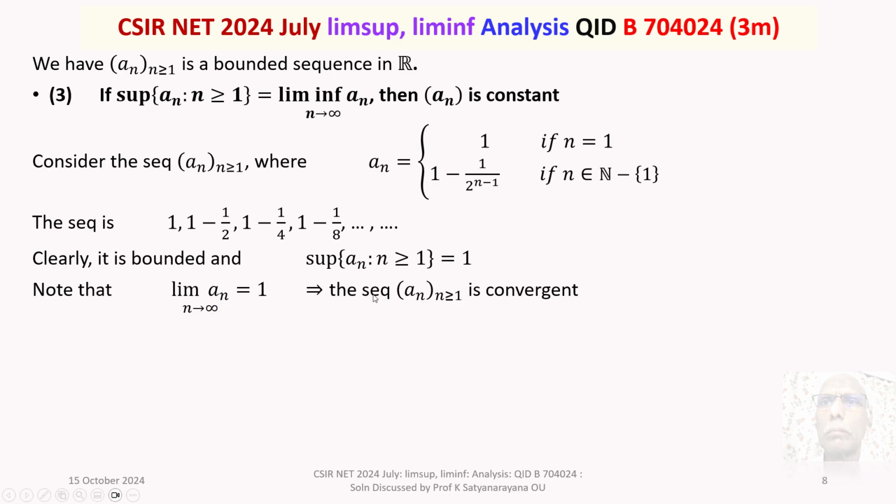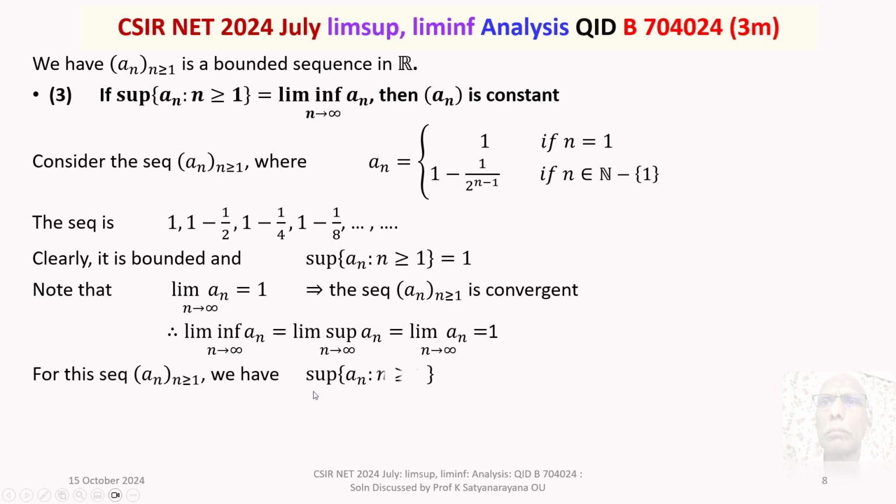That means this sequence is convergent. When it is convergent, limit inferior is equal to limit superior is equal to limit of the sequence, that is equal to 1. Agreed. So, for this sequence a_n, we have supremum is 1.